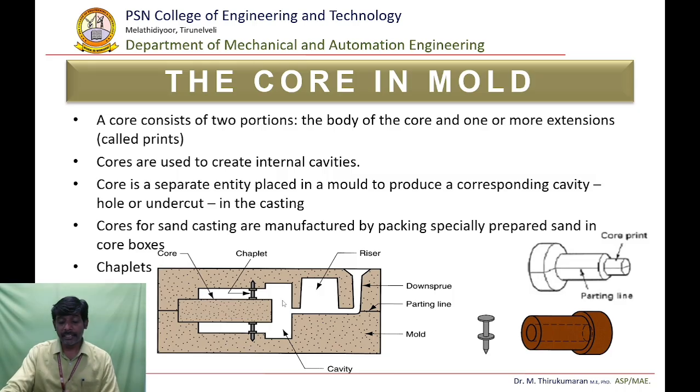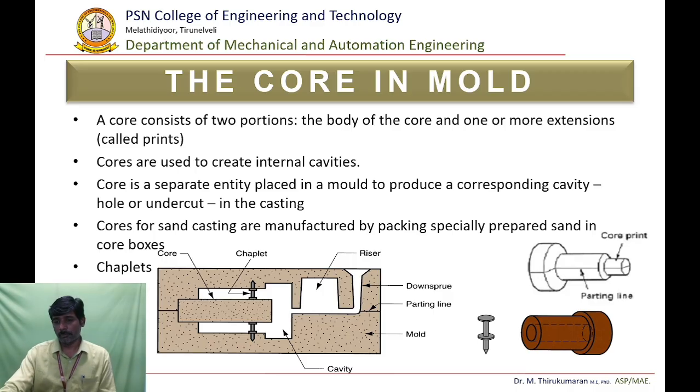Once we have created the cavities, we pour the molten material through the riser to fill them. The core is a separate entity placed in the mold to produce the corresponding cavities, holes or undercuts in the casting. Cores for sand casting are manufactured by packing specially prepared sand in a core box.